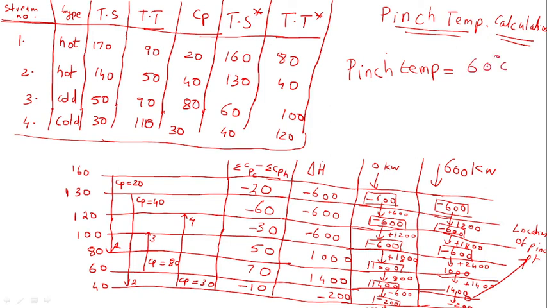For calculation of cold pinch and hot pinch, we need to add delta T min by 2 and subtract delta T min by 2.